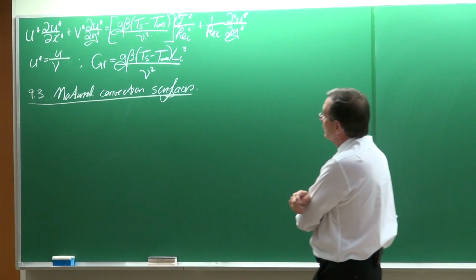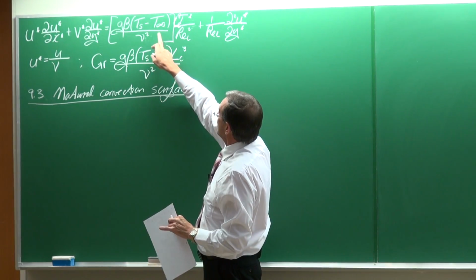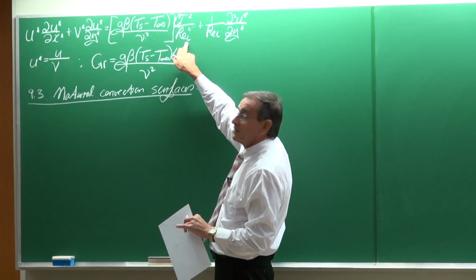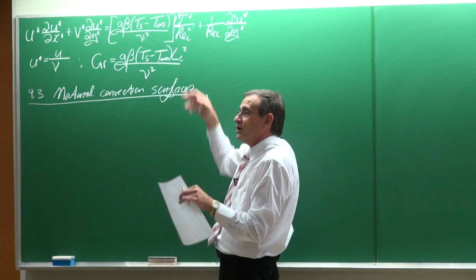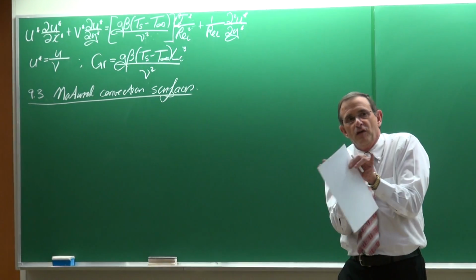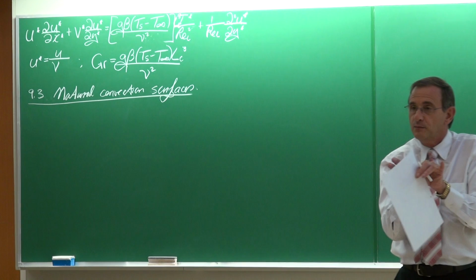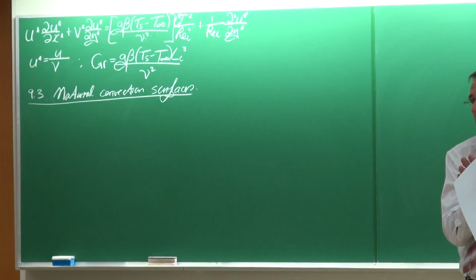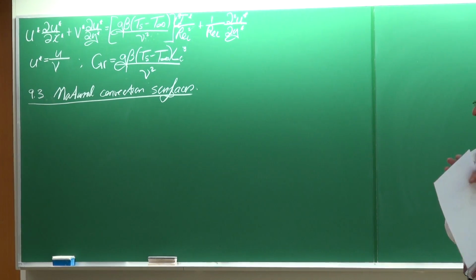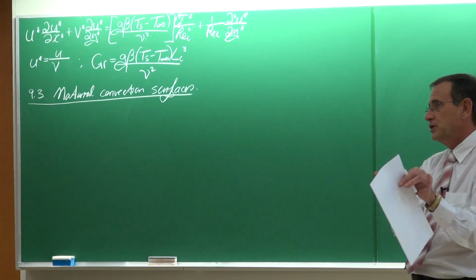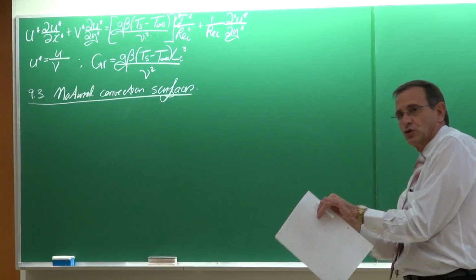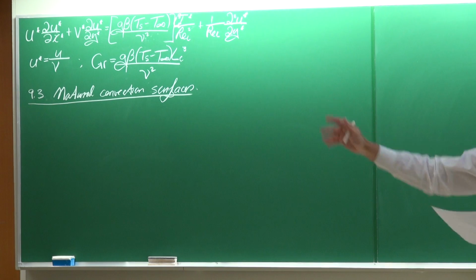And that is also why we have used the ratio of the Grashof number divided by the Reynolds number squared to determine if a problem is being dominated by inertial forces, which is therefore a forced convection problem, or if it's a natural convection problem. So that is the background.